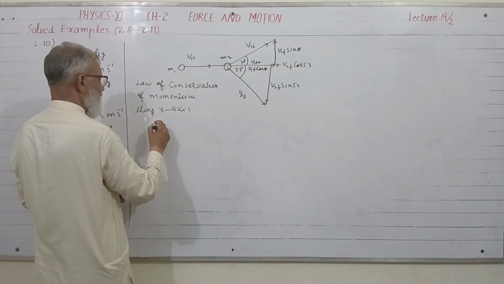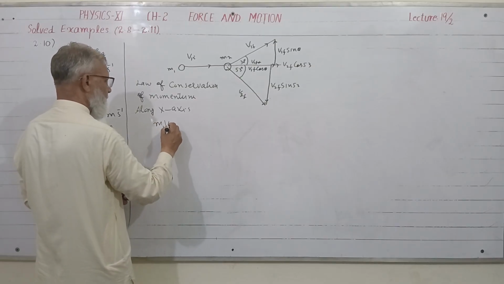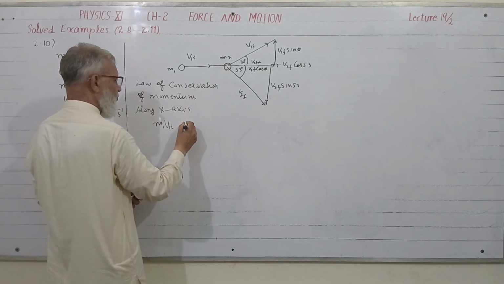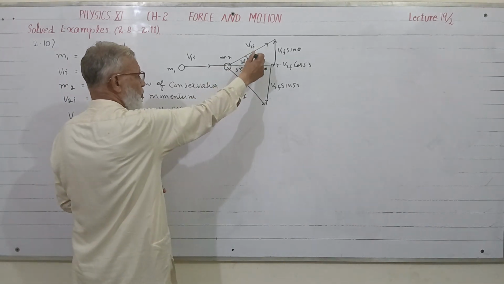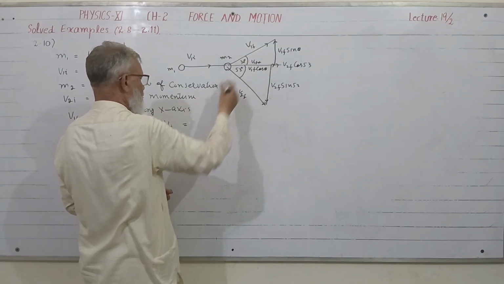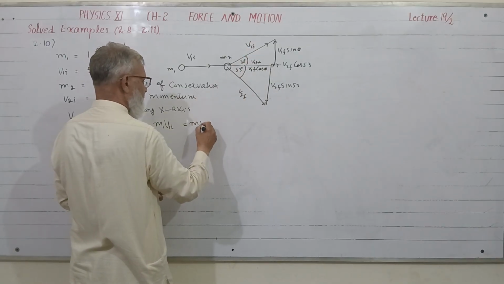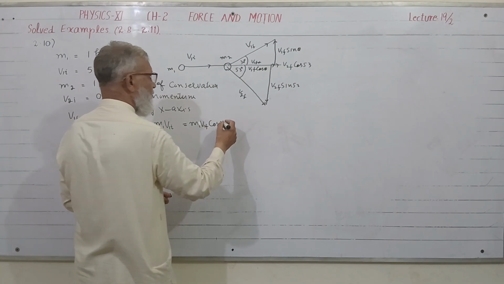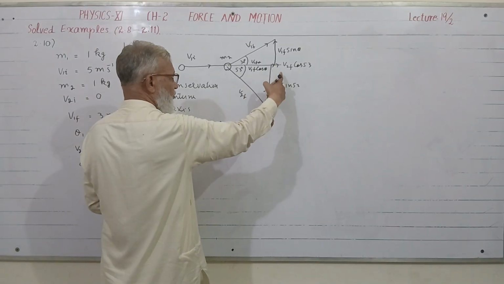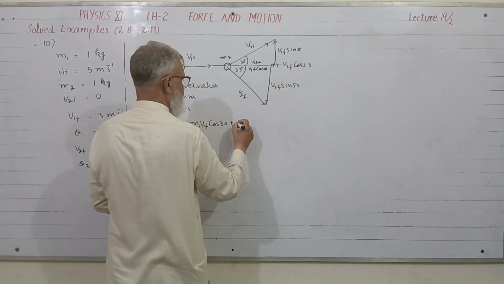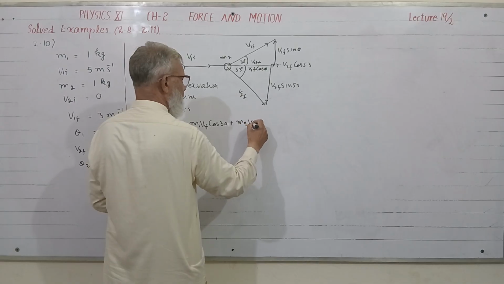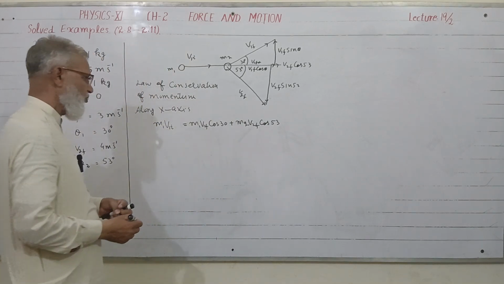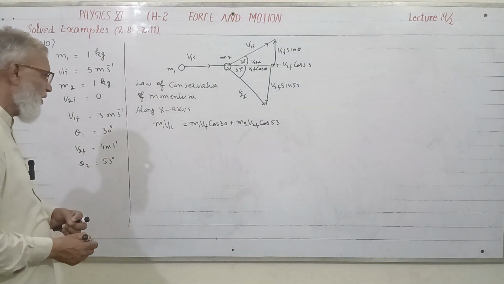Initial momentum of the system is m1 v1i, plus m2 v2i, whose momentum is 0. It equals m1 v1f cos 30 plus m2 v2f cos 53. This is the law of conservation of momentum along the x-axis.